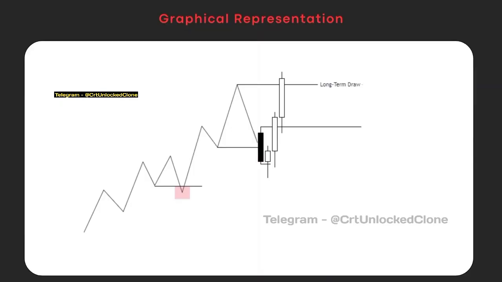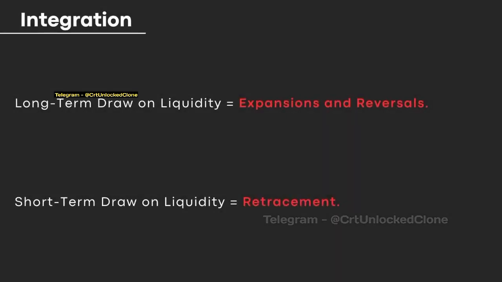Moving on, right here you can see that price reached the long-term drawn liquidity with that framework, and we determined our long-term drawn liquidity by using all of the concepts like order flow, dealing ranges, candle ranges, and market profiles, and then we combined and integrated them with each other and used the if-and-then logic, which helped us determine our drawn liquidity. That's how you're going to do it.